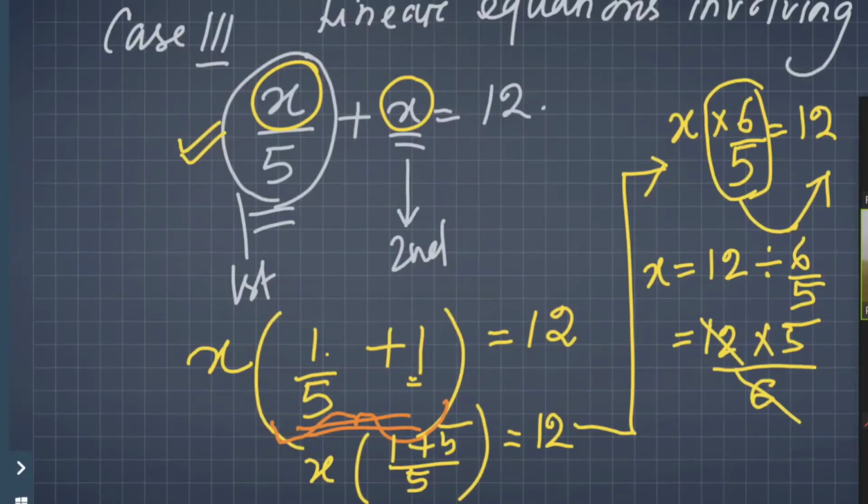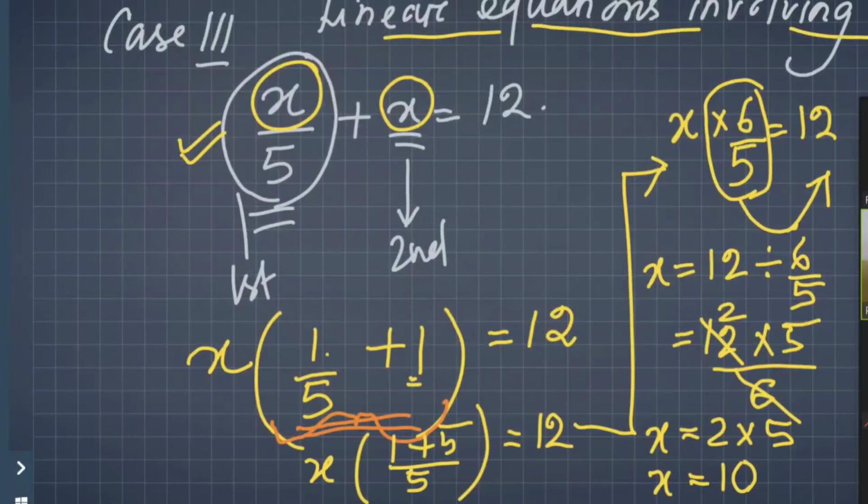6 twos give you 12. So I am left with x is equal to 2 into 5, which implies that x is equal to 10. So this is how I get the value of x in case of equations where there are fractions. This is how I have to solve. So my first target will be to simplify the fraction and then combine it with the x value.